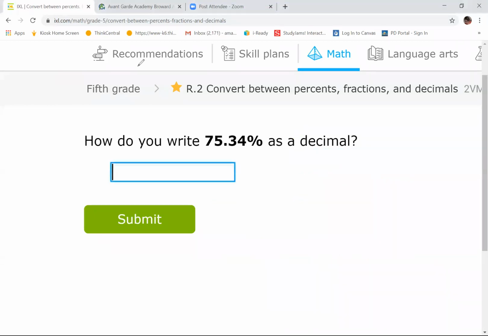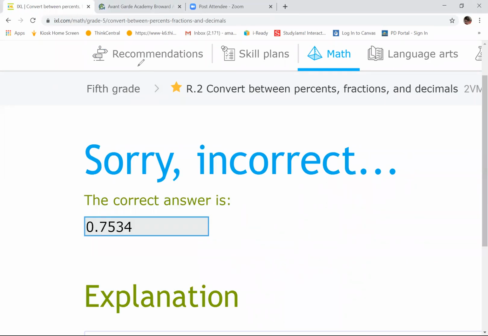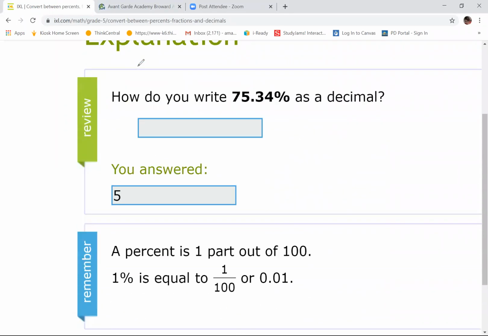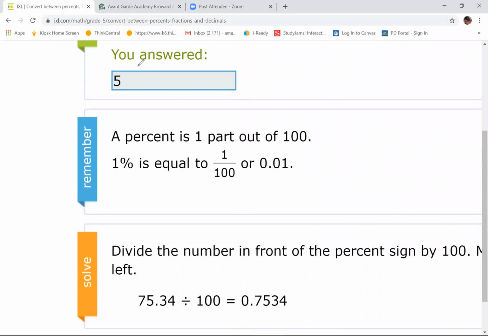I'm going to just get something wrong here. Let's put a 5 in there. All right. So the reason why I did that is because when you get something wrong, you learn from it. So here's that correct answer, and here's the explanation. I'm so excited for it. It says a percent is 1 part out of 100, right?